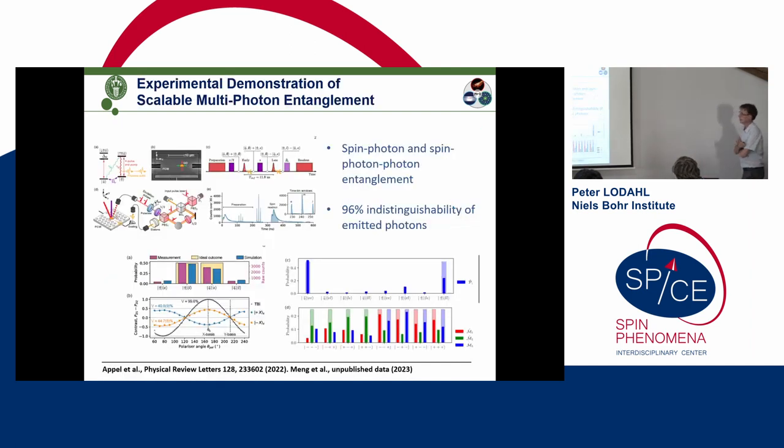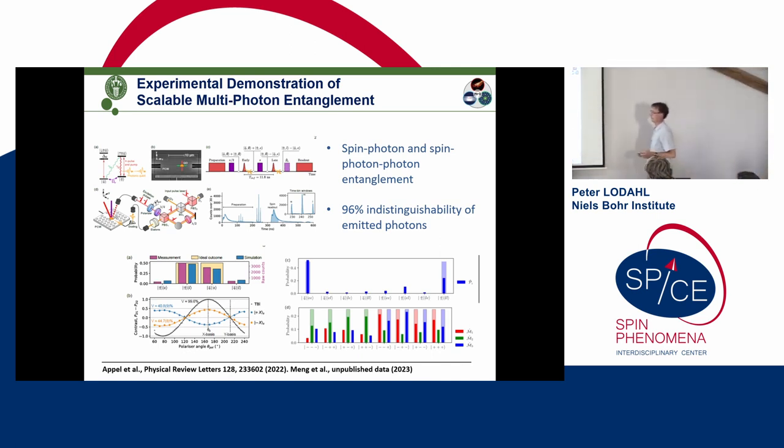Okay, so the experimental demonstration of this multiphoton entanglement, this specific protocol with the time-bin coding that we talked about. These are our recent data. So far, we are at the spin-photon and spin-photon-photon entanglement level, so it's up to 3-qubit entanglement, limited and gradually progressing. These are really works that are gradually becoming better and better.